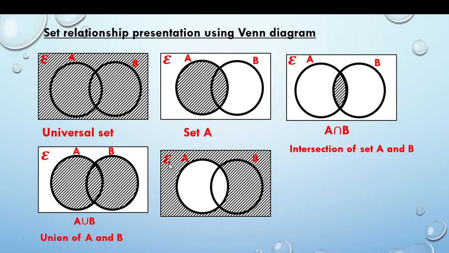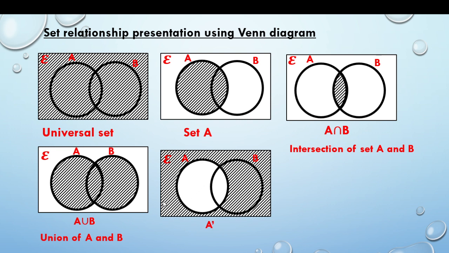Lastly, let us look at this arrangement, where the shading is done because they want us to list the elements which are in the universal set but not in set A, but are in set B. In other words, they don't want us to list the elements which are in set A. That means they want us to list the complement of set A. We write this as A complement, meaning this is how you indicate when you shade A complement.